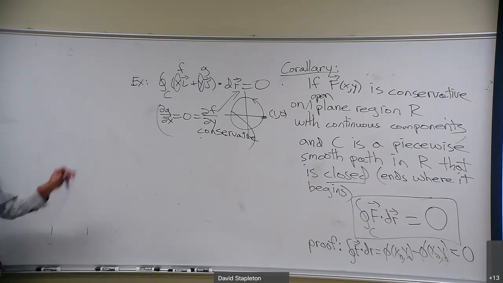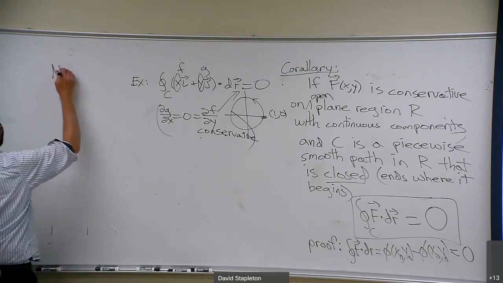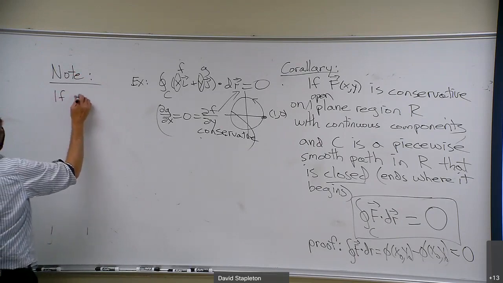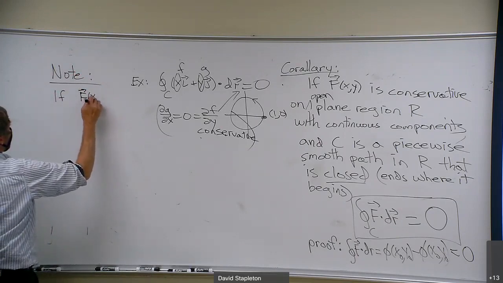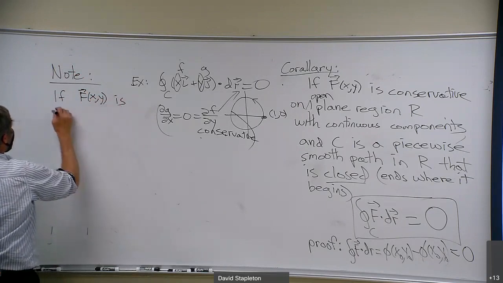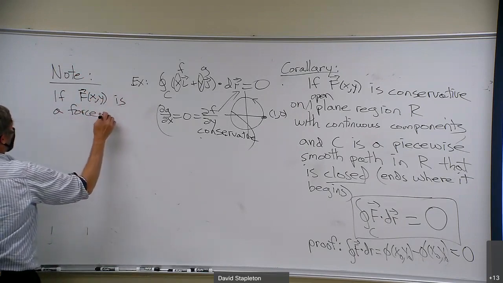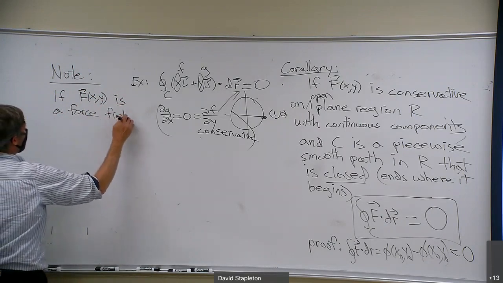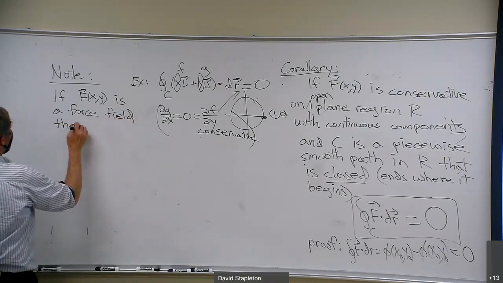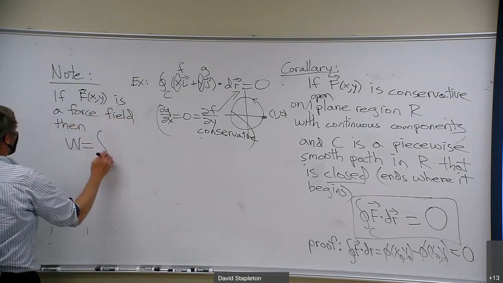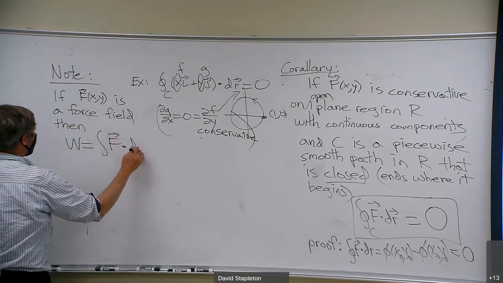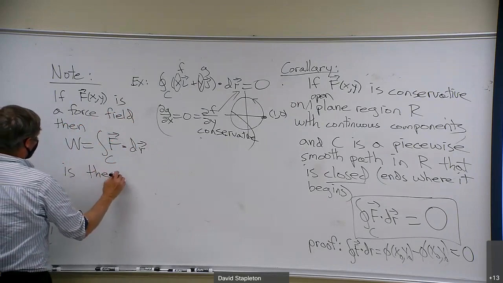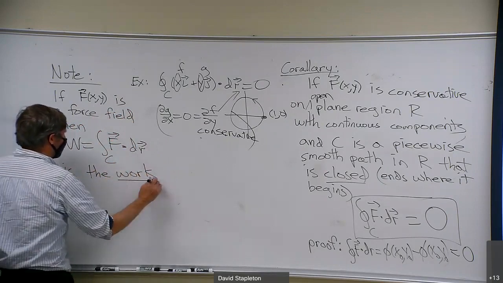Now, what's an application of this, you might ask? Note, in the physical sciences, if F of x, y is a force field, like a gravitational field or electromagnetic field or something like that, then W equals the integral of F dot dr along C, which is called the work done by F along C. We mentioned that last time.